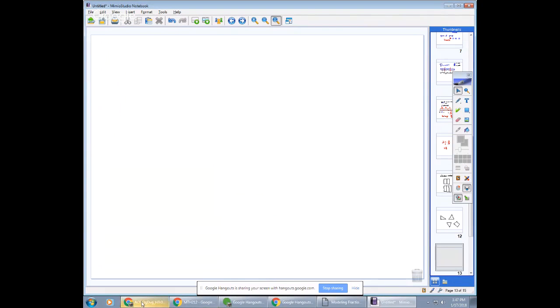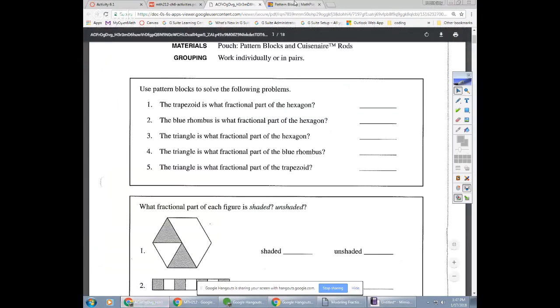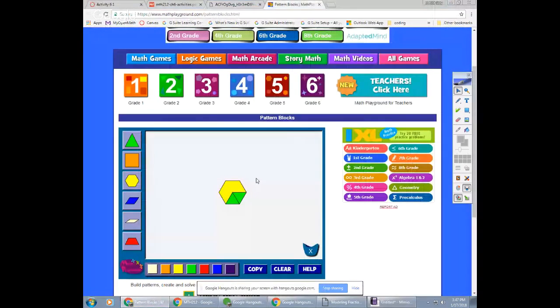And then we're also going to play with another kind of thing called pattern blocks, which I'm going to hand out now also.